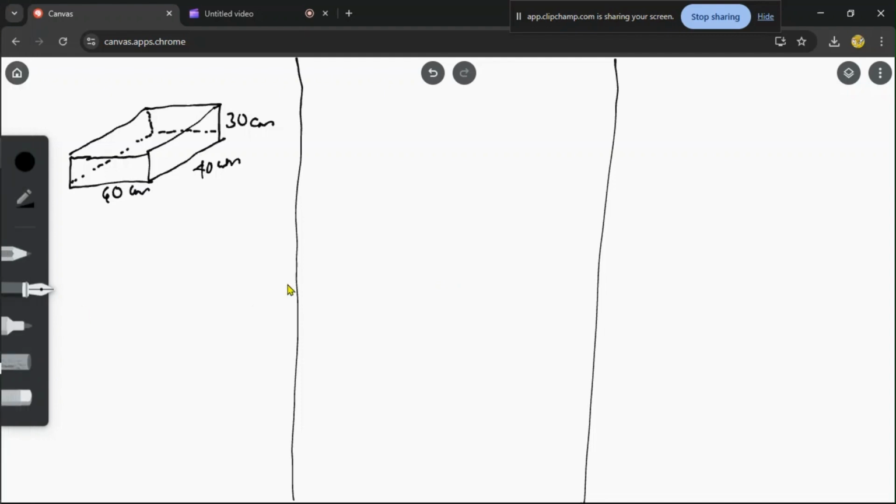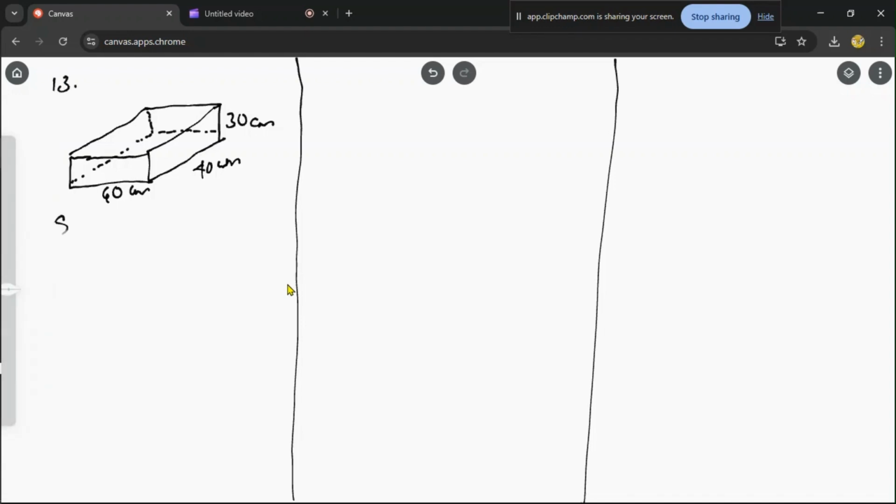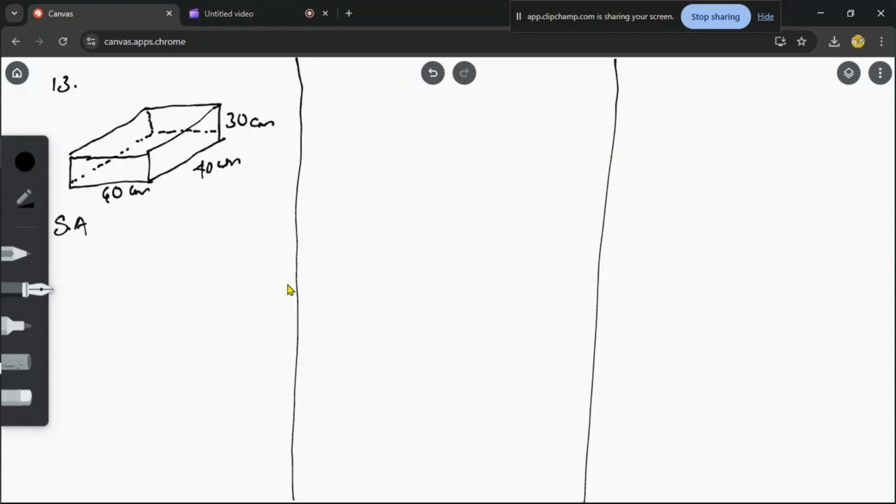Now, if they want me to get the surface area, this is number 13. So the surface area, I'll get the areas of the faces. So I'll get this face, which measures 60 multiplied by this side, which measures 30. Then my answer, I multiply by 2.